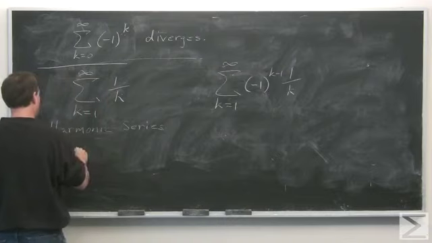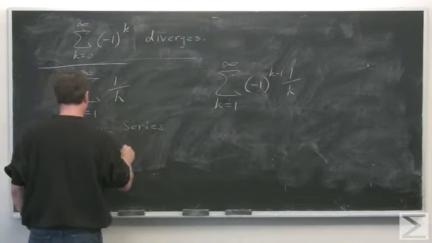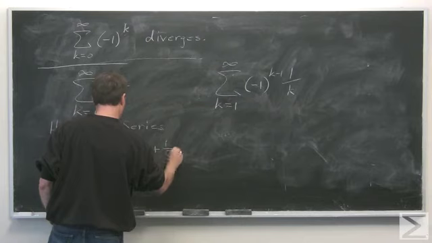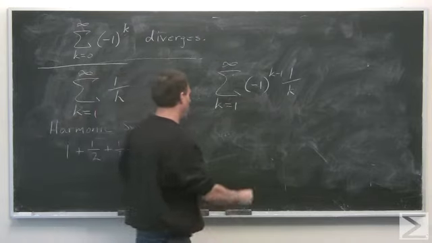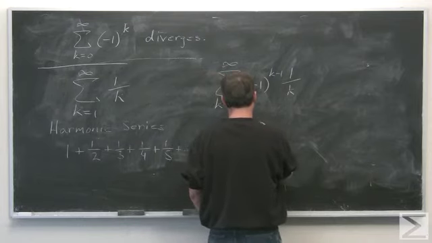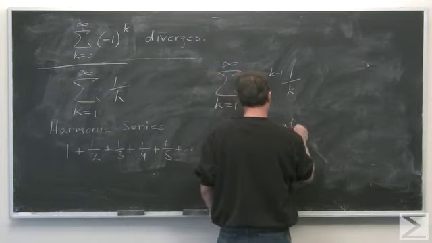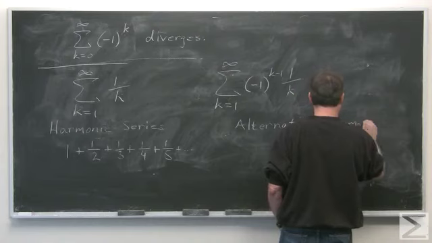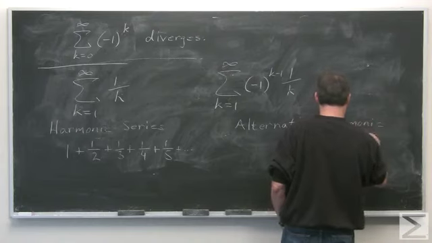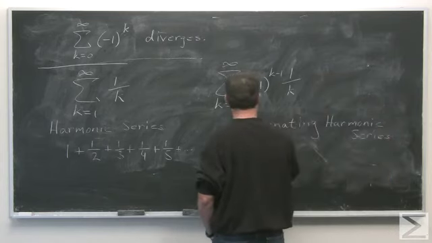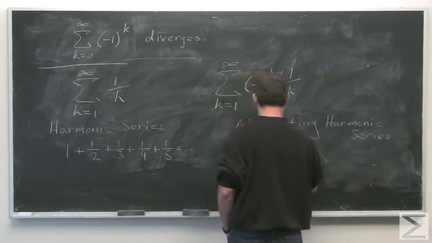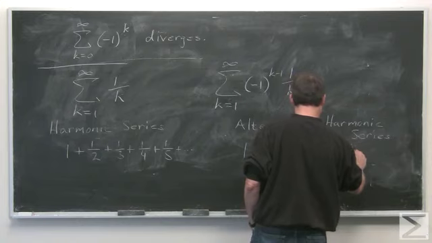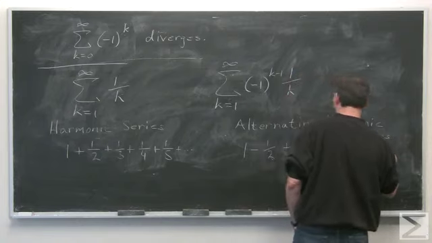It goes 1 plus 1/2 plus 1/3 plus 1/4 plus 1/5 and so on. This is the alternating harmonic series. It does exactly the same thing, but every other time you have a minus sign. And so this one goes 1 minus 1/2 plus 1/3 minus 1/4 plus 1/5 minus 1/6 and so on.